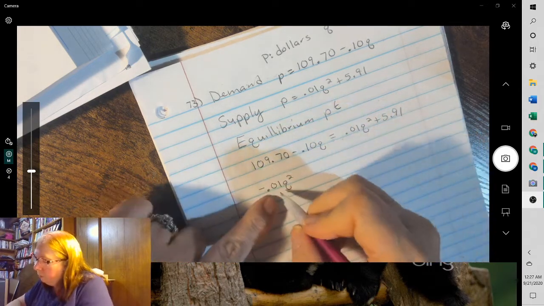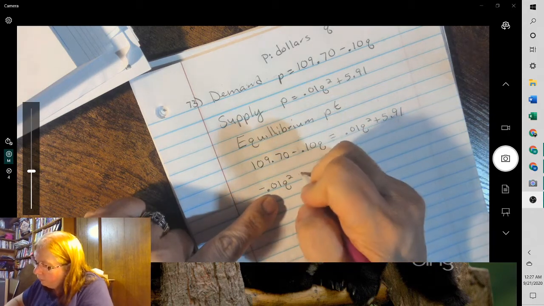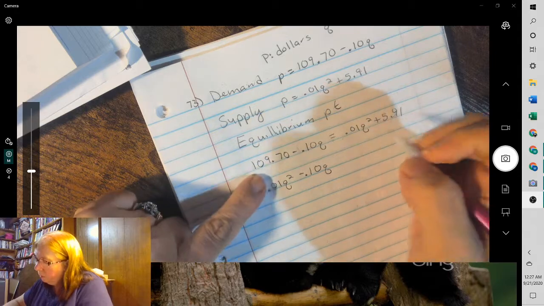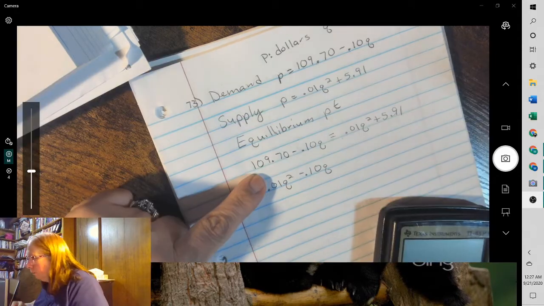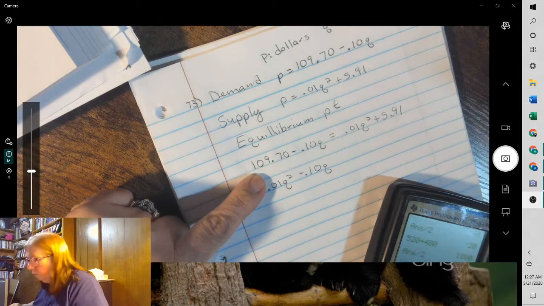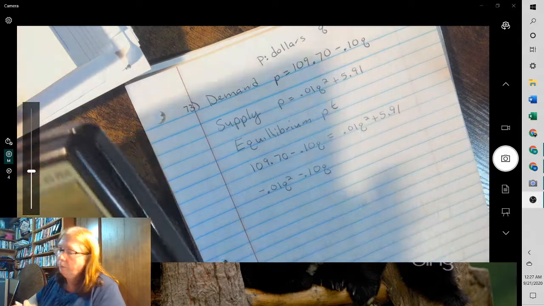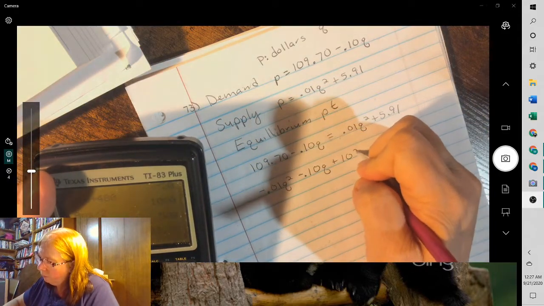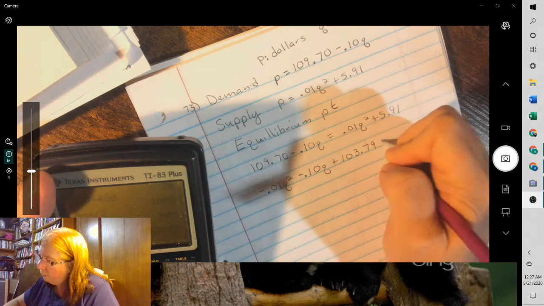So if I bring this over, it becomes a negative. And then we have the negative 0.1 Q. And then we have 109.7 minus 5.91. And we get positive 103.79.